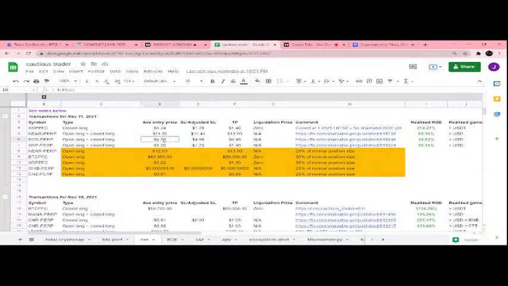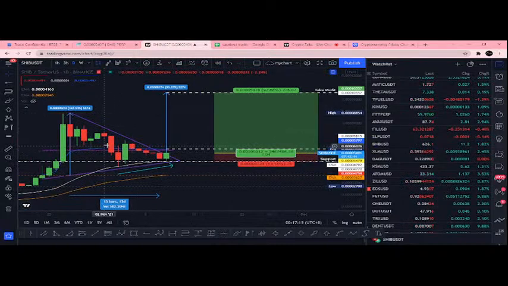I did not re-long it because I'm watching Shiba. It's actually very volatile. So if it is confirmed or trades above 5,800, maybe I'll watch it and scalp it.